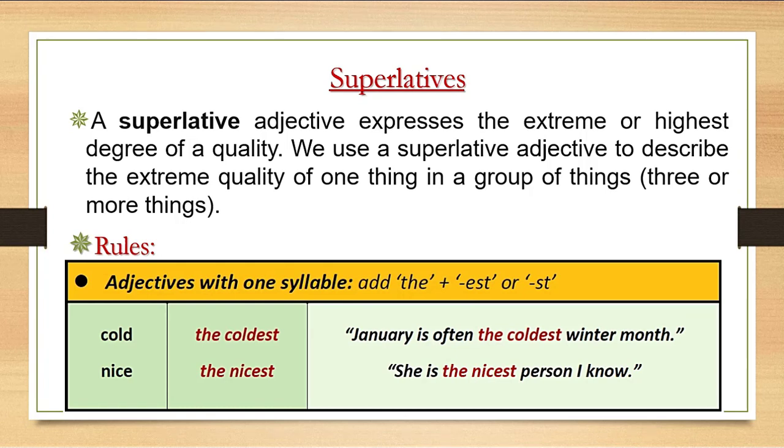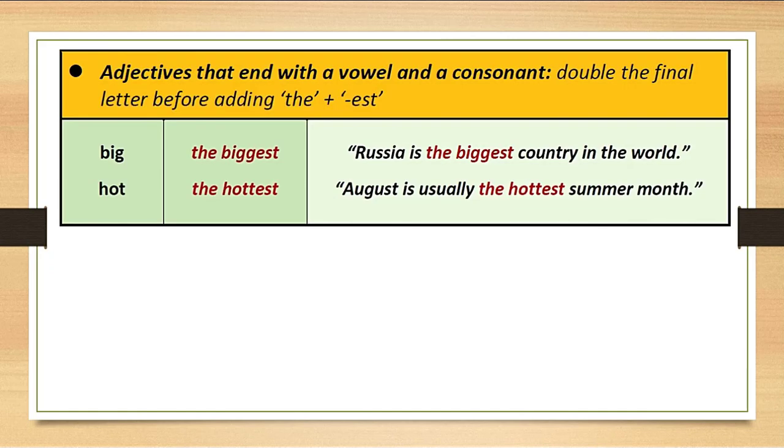And nice, the nicest, because nice ends with e already, you don't need to add est, just st. Rule number 2, adjectives that end with a vowel and a consonant, double the final letter before adding est. Big, it becomes the biggest. Russia is the biggest country in the world. Hot, the hottest. August is usually the hottest summer month.